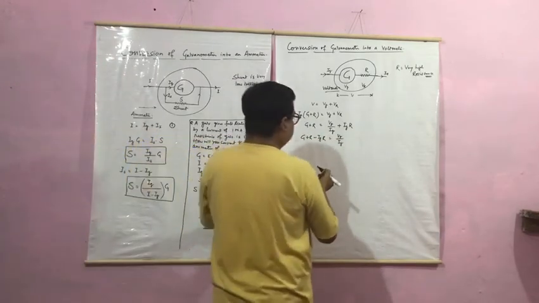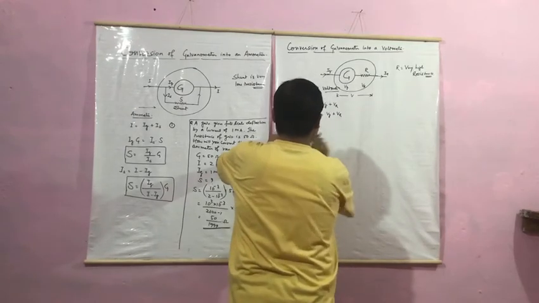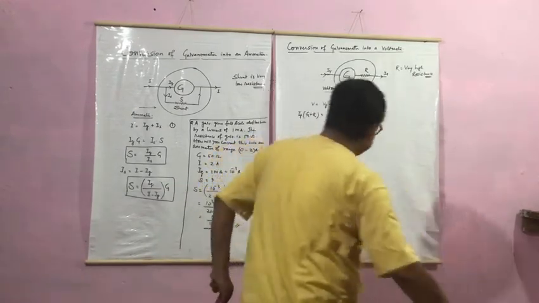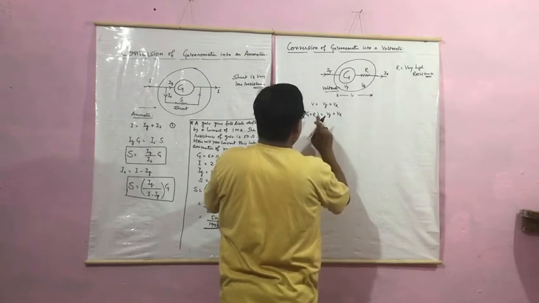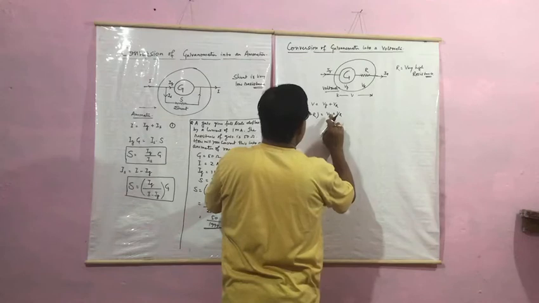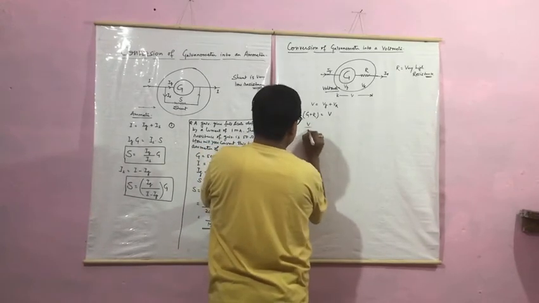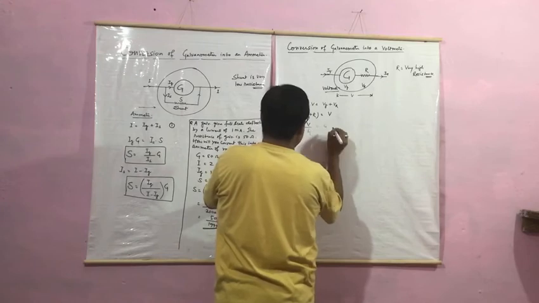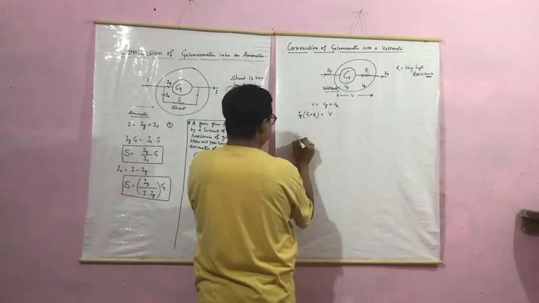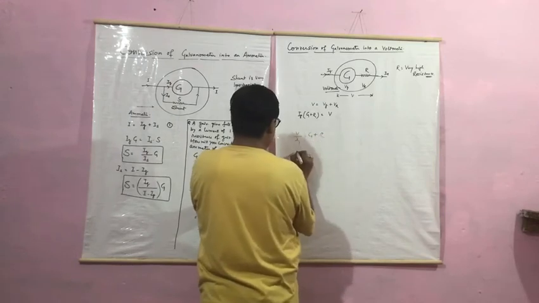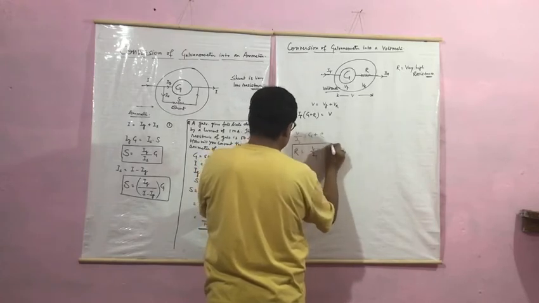Ig into G plus R is equal to V, and V upon Ig is equal to G plus R. So R is equal to V upon Ig minus G. So very simply we can get it.